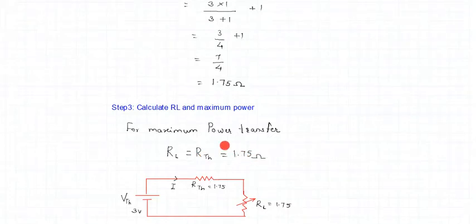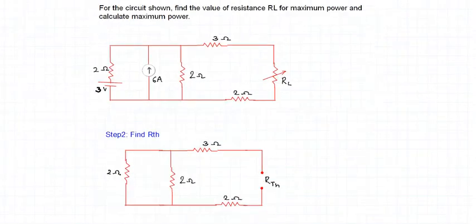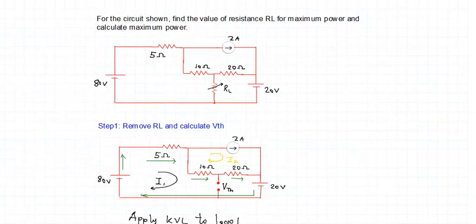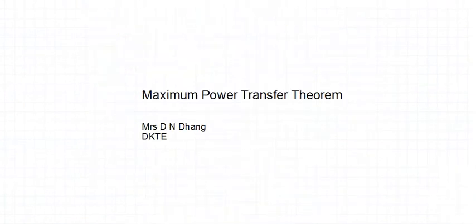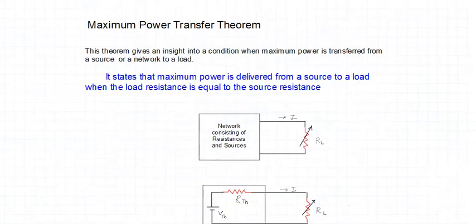For maximum power transfer, as per the statement of the maximum power transfer theorem, the load resistance must be equal to the source resistance, right? This is the definition we just saw. Load resistance must be equal to source resistance for maximum power transfer.